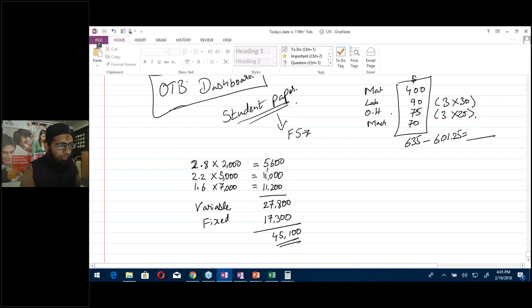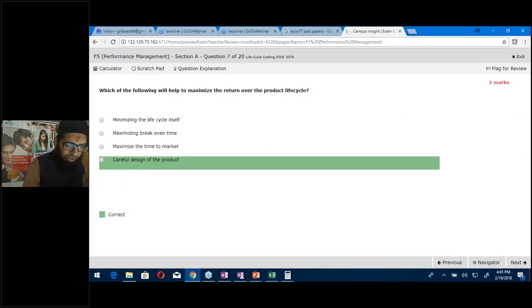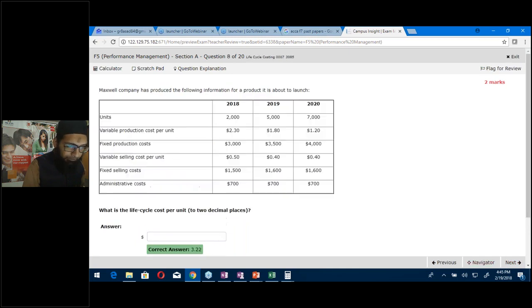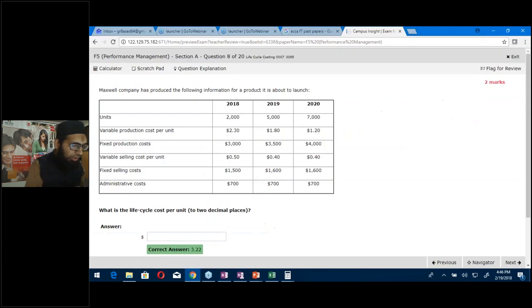Now, to calculate the per unit cost, I will divide it by the total number of units of the whole life, and the total number of units is 14,000. So if I divide it by 14,000, my answer will be 3.22. So the correct answer is 3.22.